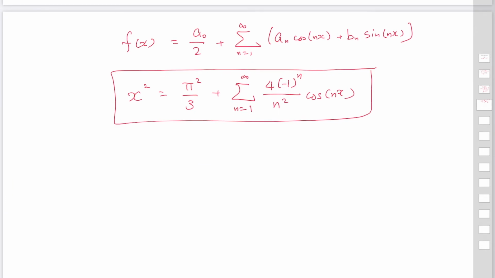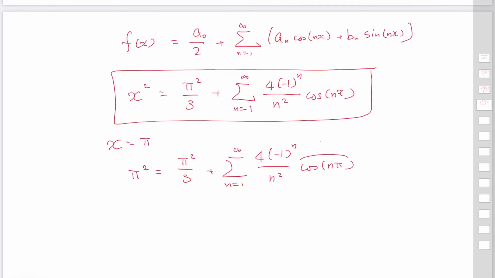Then you can substitute x equal pi on both sides. This becomes pi squared equals pi squared over 3 plus the sum, n equal 1 to infinity, of 4 times minus 1 to the n over n squared, cosine n pi. This part, cosine n pi, is minus 1 to the n, so this becomes 1.